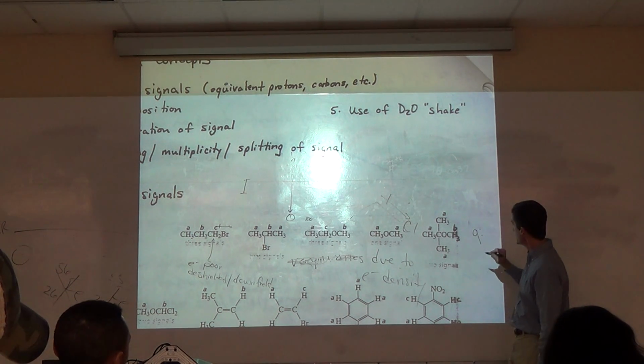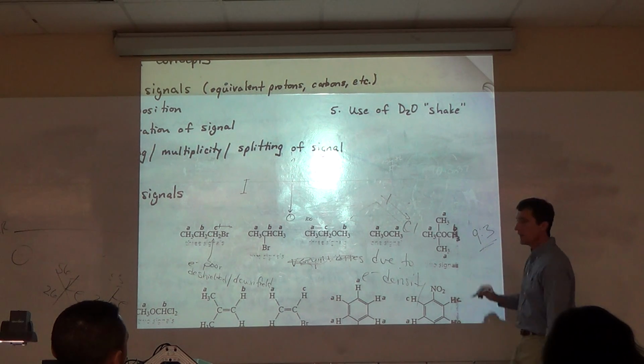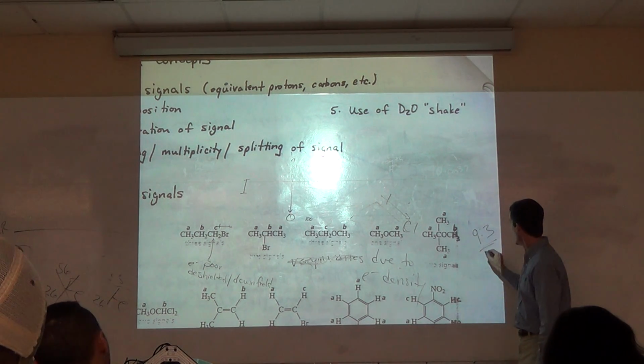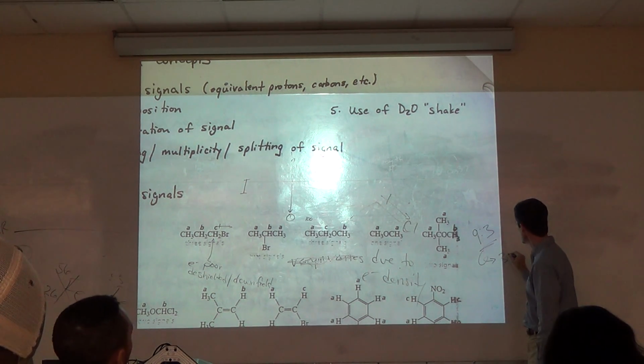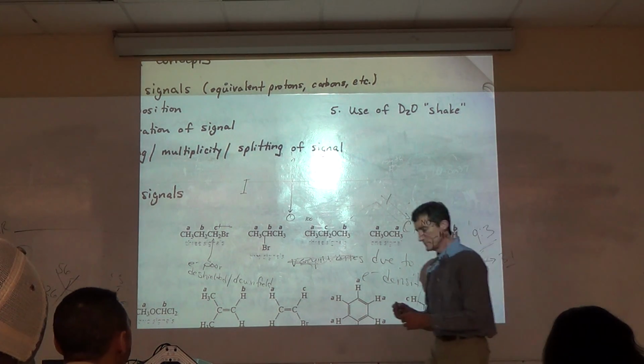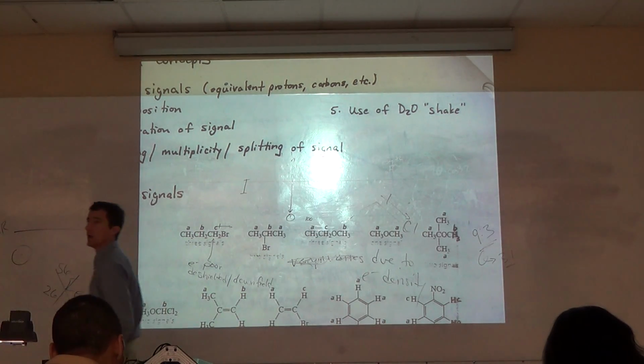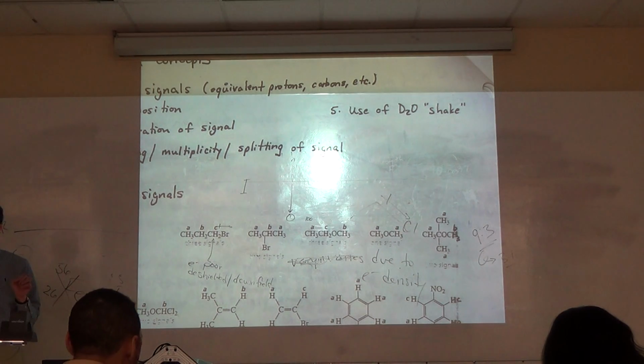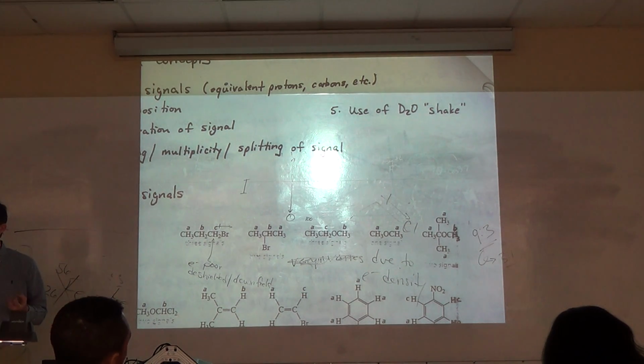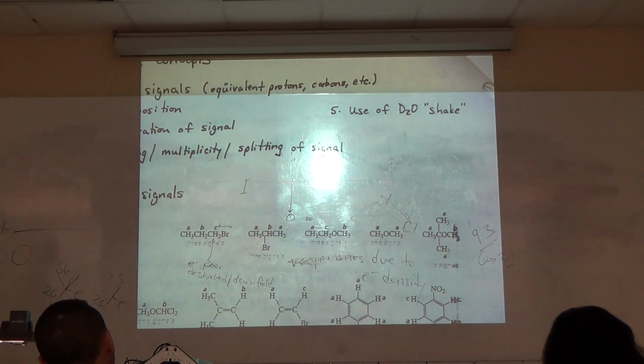How many H's for B? 3. Okay. That's your integration, or we can boil this down to 3 to 1. With NMR you can integrate or really quantify like that, which you can't do in IR. IR peaks don't tell you how many H's there are. NMR does. We'll get to that.